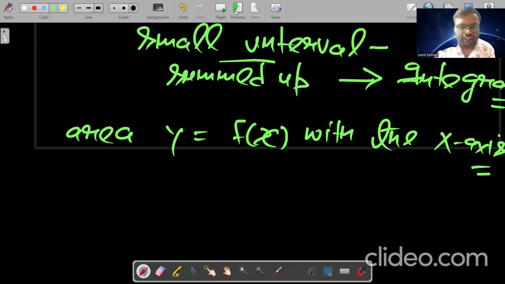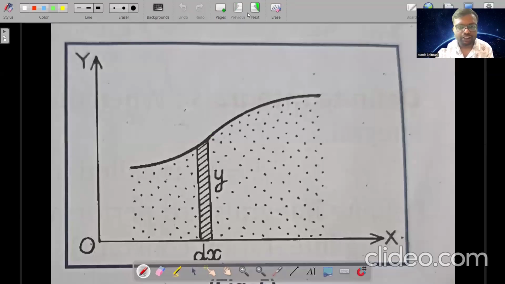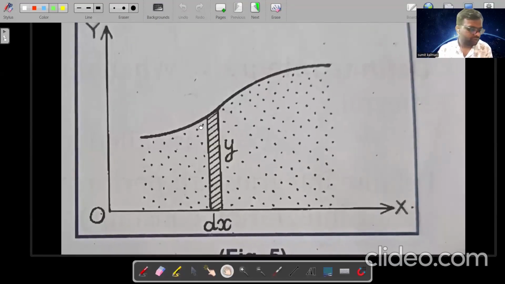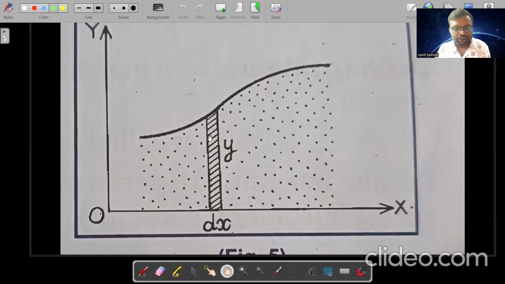Let me upload one diagram so it will become more clear. Now, students, if you see in this figure, there are two axes, vertical axis and horizontal axis, and this is a very thin strip, and the width of this strip is dx, and the length is y.